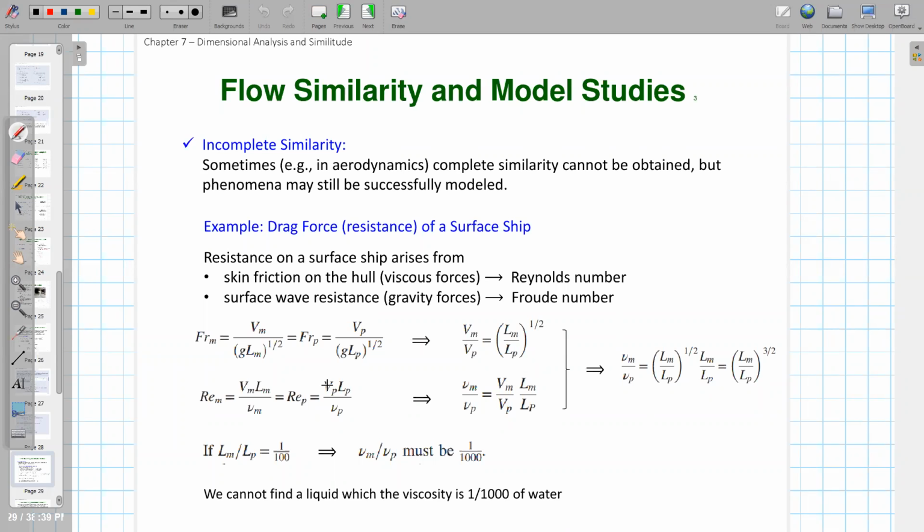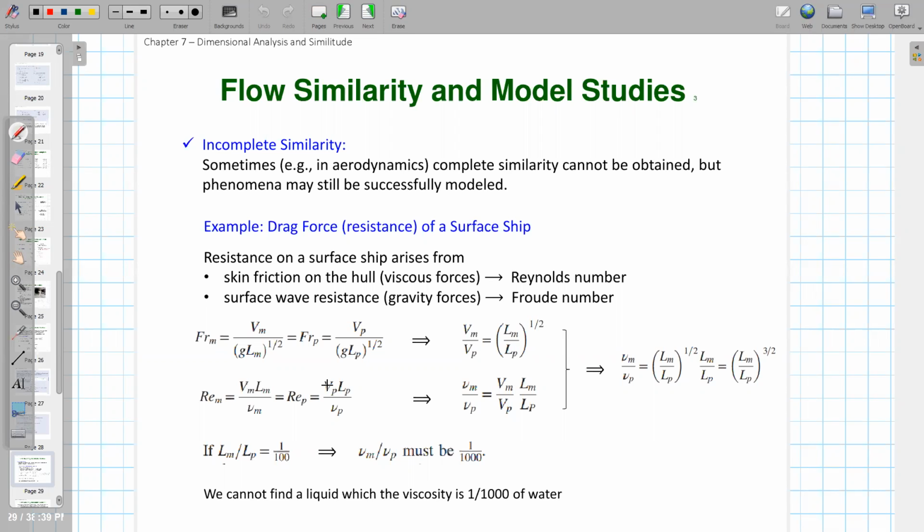You may feel like with this I can design any experimental setup so that I can scale everything into a size that I can measure in the lab. I can scale all kinds of flow conditions into a flow condition which I can produce in the lab. You may think that, but in reality, for a lot of problems that is not possible.